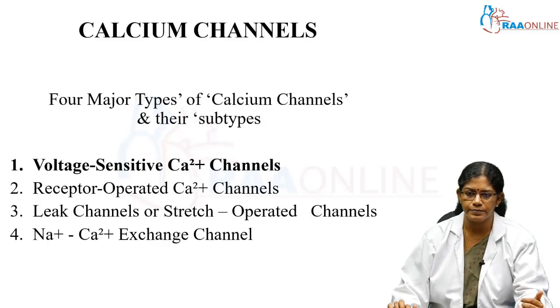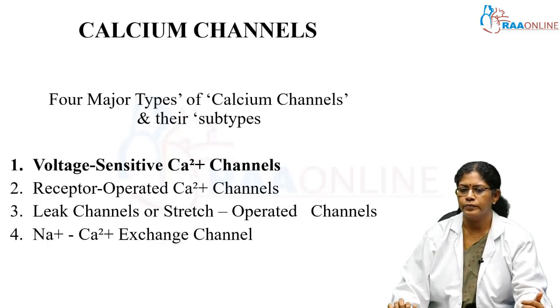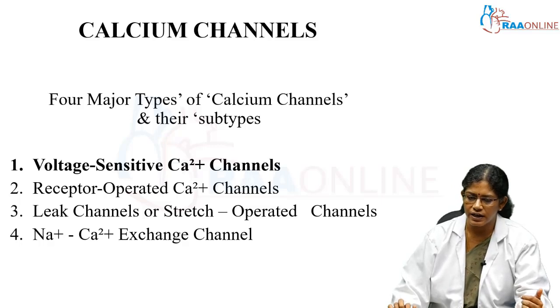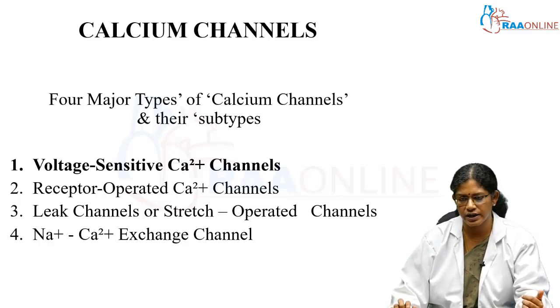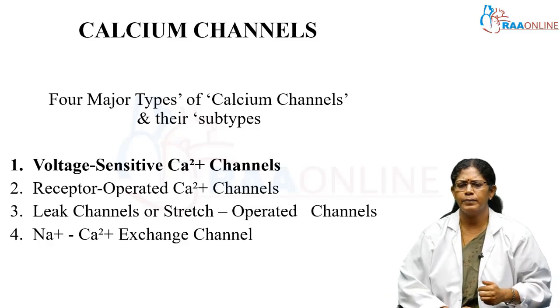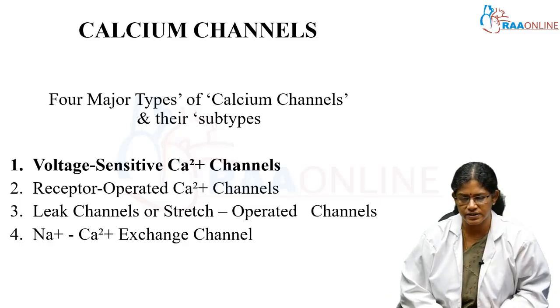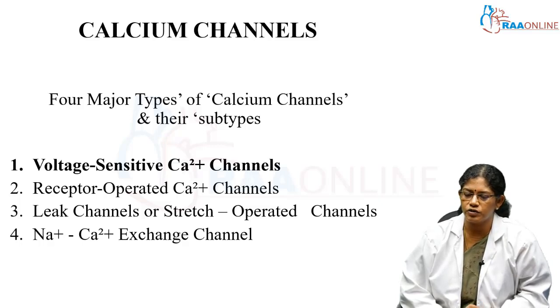There are four major types of calcium channels in our body: voltage sensitive calcium channels, receptor operated calcium channels, leak channels otherwise called stretch operated channels, and sodium calcium exchange channels. As the name indicates, voltage sensitive calcium channels mainly work when the voltage of the membrane is reduced to less than 40 millivolts.